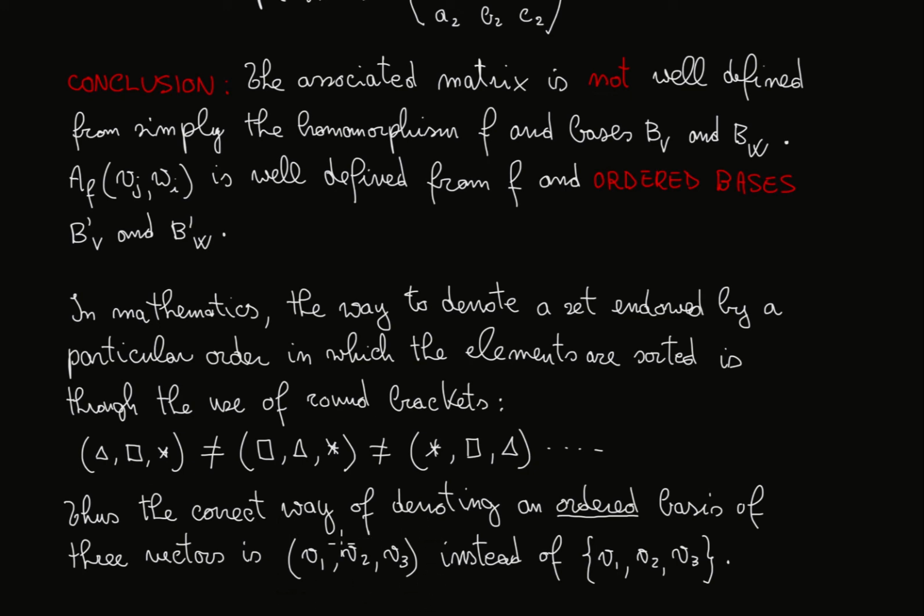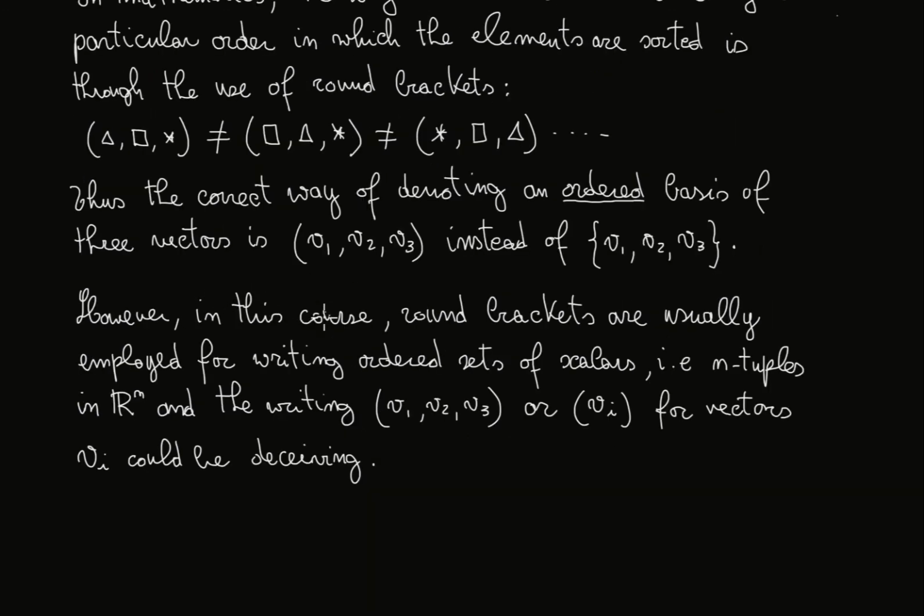We are using too many round brackets in this course and they can be easily confused with many other mathematical objects we are dealing with. However, in this course, round brackets are usually employed for writing ordered sets of scalars, i.e. n-tuples in Rn, and writing v1, v2, v3 in round brackets, or more generally, opening a round bracket and writing vi and closing the round bracket, for vectors vi could be deceiving.